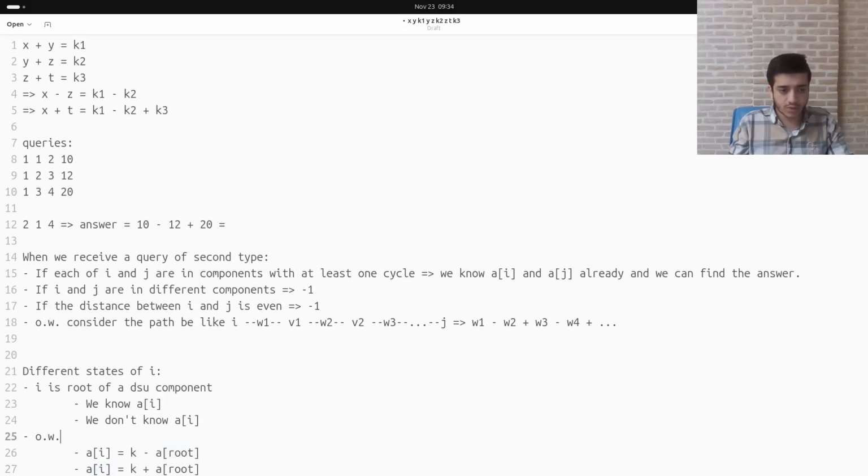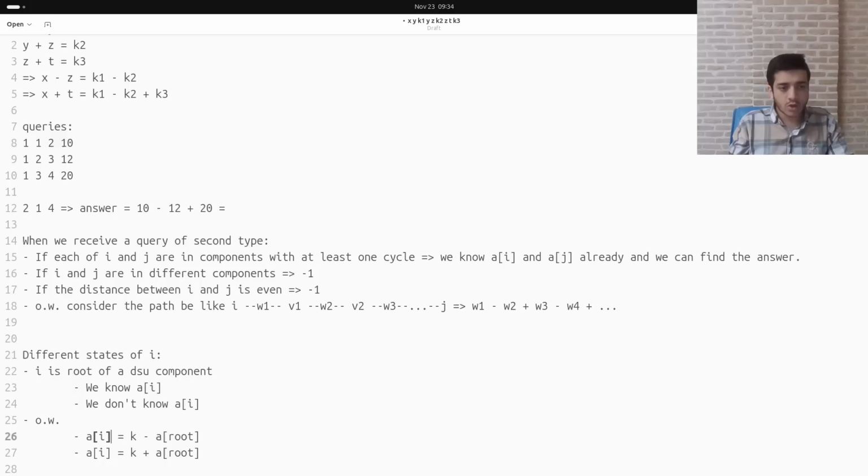Otherwise, one of these cases applies. So we actually don't need to know the value of A_i if it's not the root. So either we know the root or we don't, and that's it. We have two kinds of DSU components.